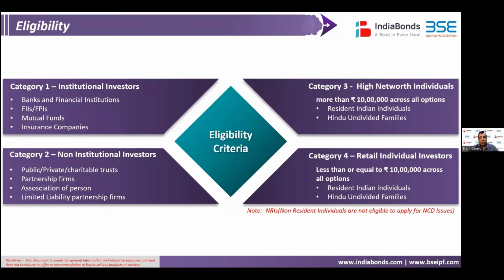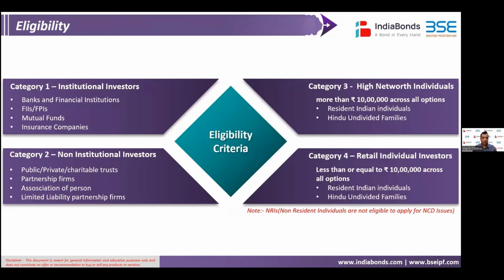Largely, they're divided into two main categories, the individual category investors and the non-individual category investors. In non-individual, category 1 is the institutional category, which includes banks, financial institutions, FIIs, FPIs, mutual funds, and insurance companies.